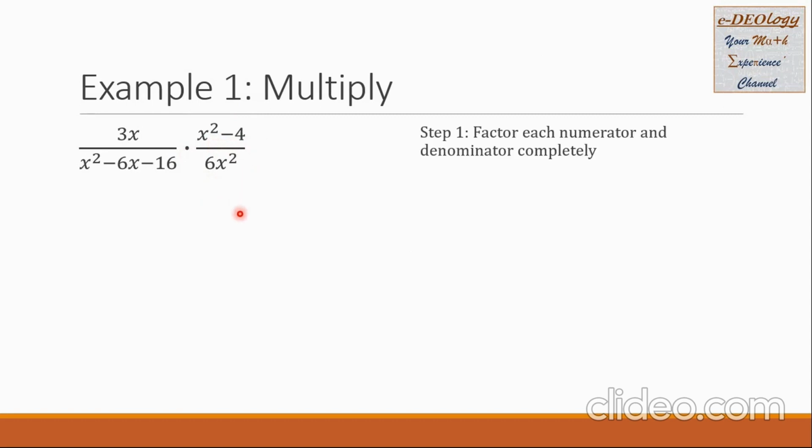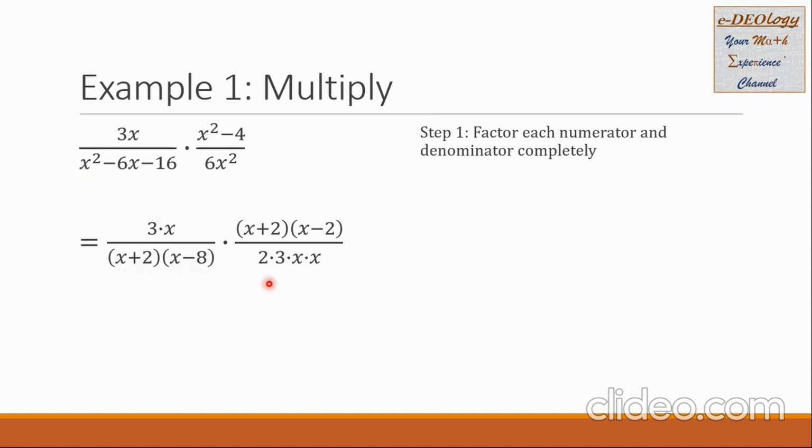In step 1, we are going to factor each numerator and denominator completely. The 3x, we can show that this is 3 times x. The trinomial x squared minus 6x minus 16 is now factored into x plus 2 times x minus 8.